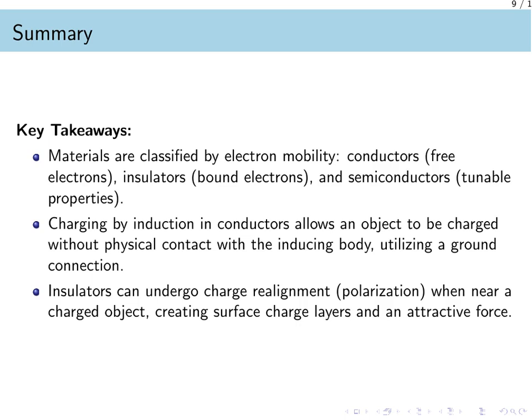Furthermore, while insulators do not possess freely moving electrons, they can undergo charge realignment or polarization when placed near a charged object. This charge realignment creates distinct surface charge layers, which ultimately results in an attractive force.